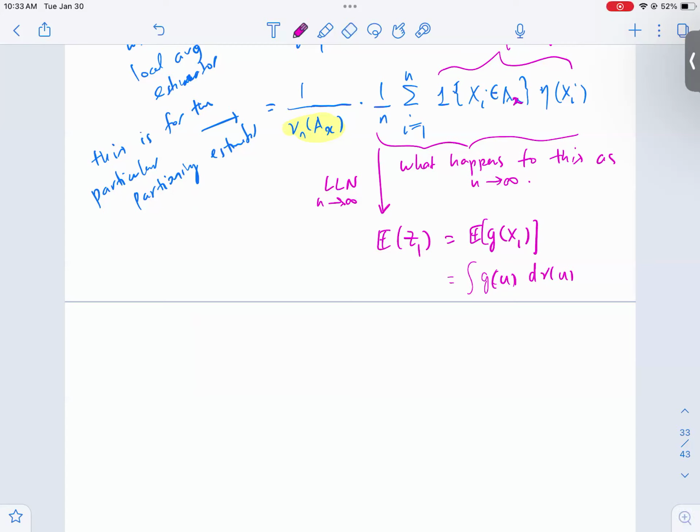So expectation, this comes here. Integral of g(u) p(u) du, that's the density of x1 or x.